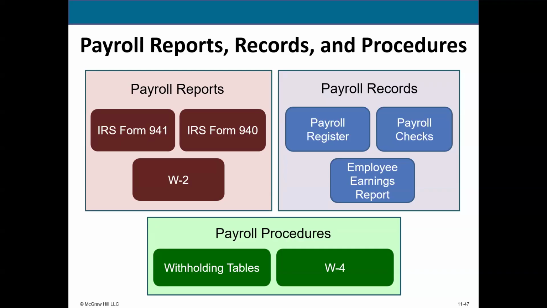Then that information gets entered into the record, and at the end of each year, you'll receive a W-2 form from your employer, which tells us your annual earnings. Okay, and that's what you use to file your taxes with, the W-2 form.